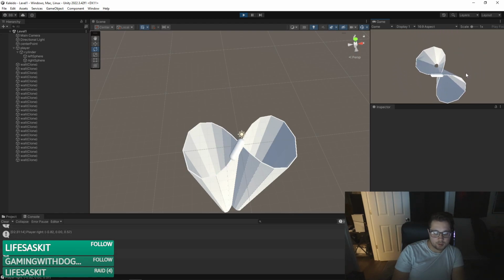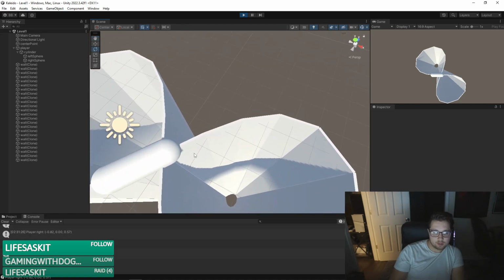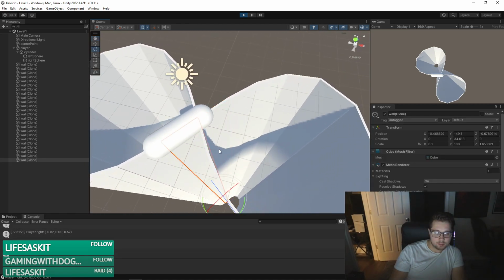Okay, so when we get here, oh, so that's the same, which makes sense because these two are parallel.